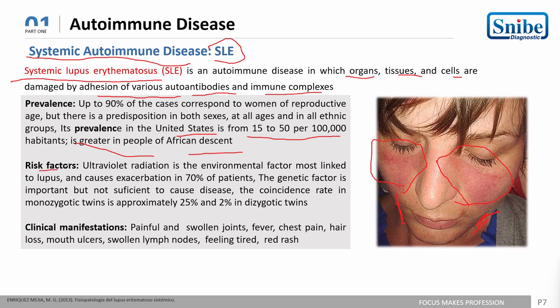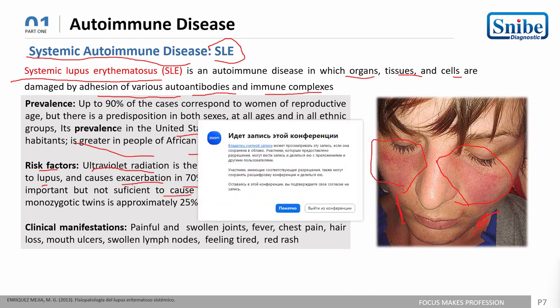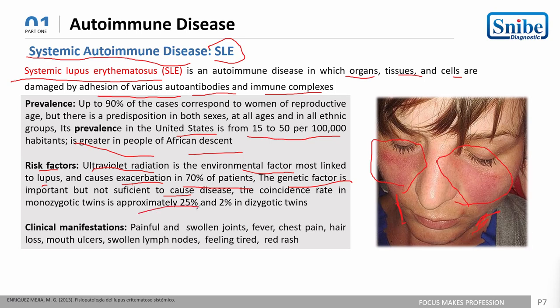If we talk about the risk factors which may lead to this autoimmune disease, ultraviolet radiation among the environmental factors may be linked to lupus erythematosus and causes exacerbation in 70% of patients. The genetic factor is important but not sufficient for the disease, and the concordance rate is approximately 25% in monozygotic twins and 2% in dizygotic twins.